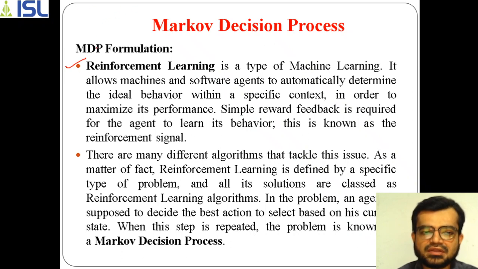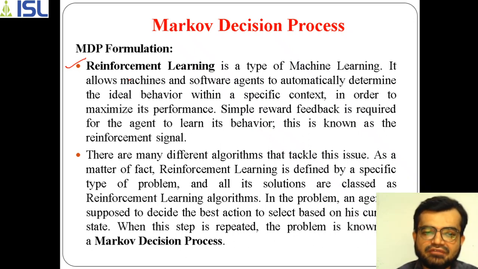Reinforcement learning allows machines or software agents, which we have already discussed in unit 1 regarding the agents concept, right? These agents are the machines we are implementing, and it automatically determines the ideal behavior, how we are going to perform. The intention is to maximize the performance.